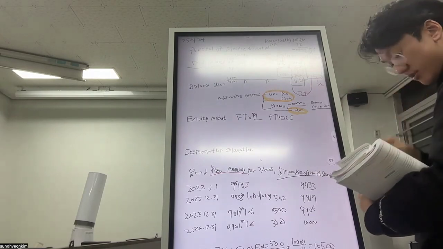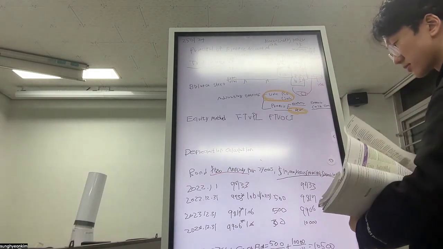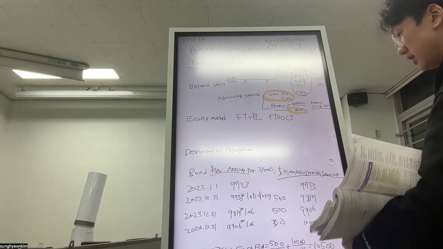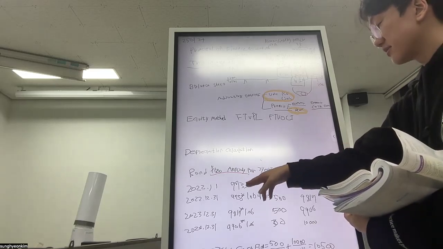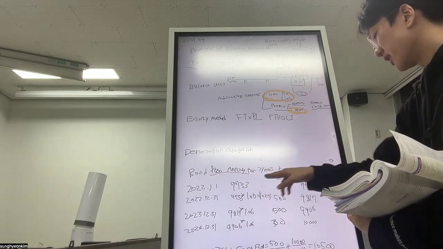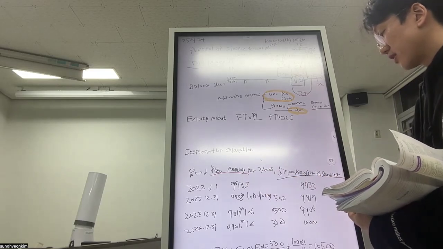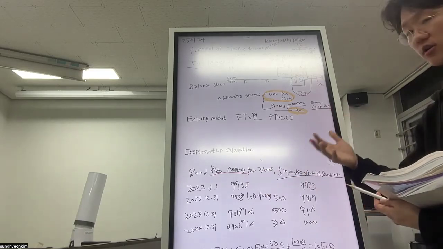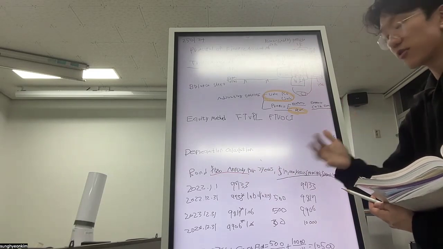Then the calculation will be like this. There's 9,733. Then you can also reversely calculate the interest rate.